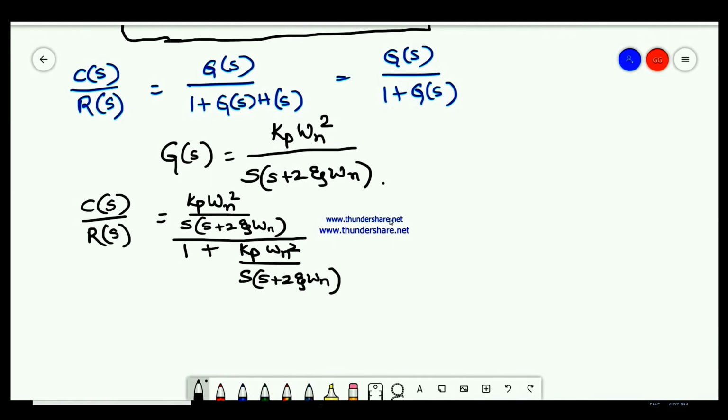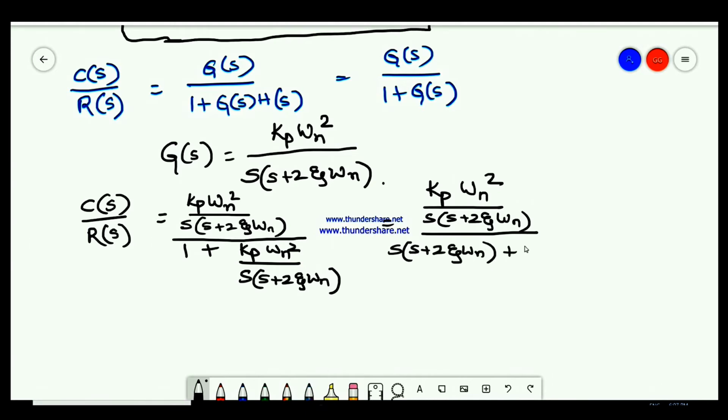Okay, so now you take the LCM for this, where we get Kp omega n square divided by S into S plus 2 zeta omega n, whole thing divided by S into S plus 2 zeta omega n added with Kp omega n square, and that whole thing divided by S into S plus 2 zeta omega n.